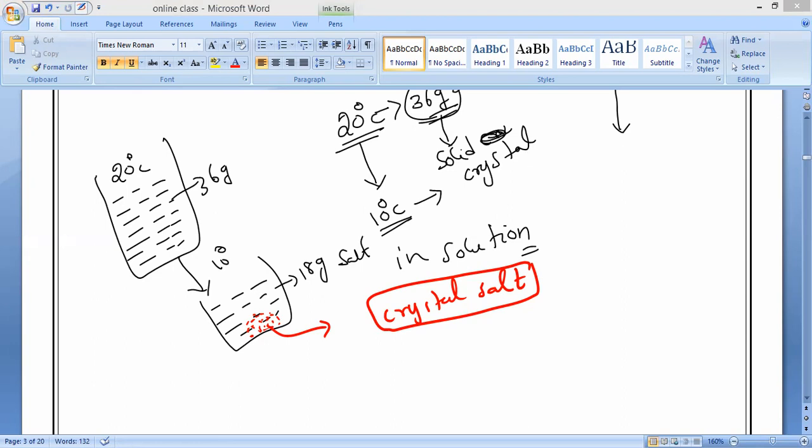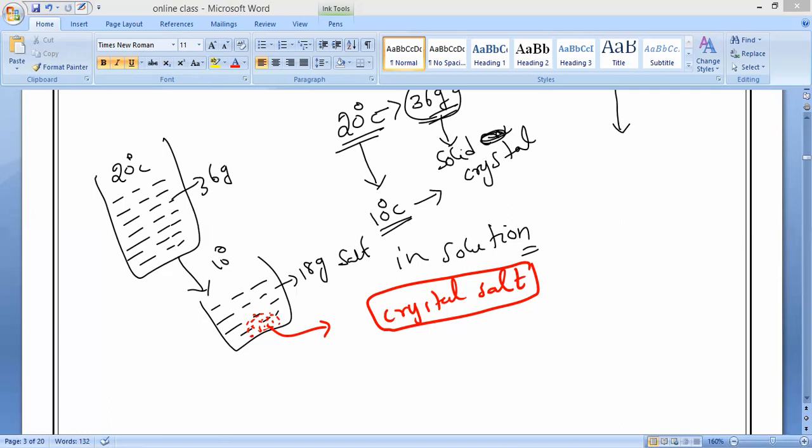So when the temperature decreases, does the solubility of a solute decrease or increase? Solubility of a solute will decrease.